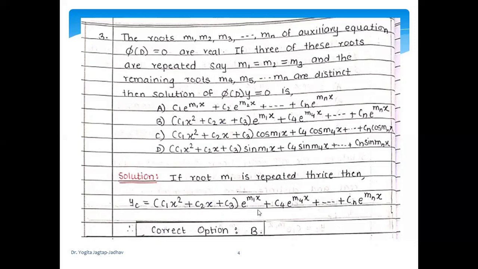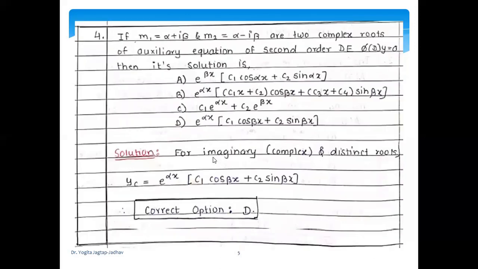Here, as m1 is repeated thrice, we have a combination of the first three terms as given here, and all the remaining roots are distinct. Therefore, this is again a combination of case number 1 and case number 2 for real roots. Therefore, your correct option is B.